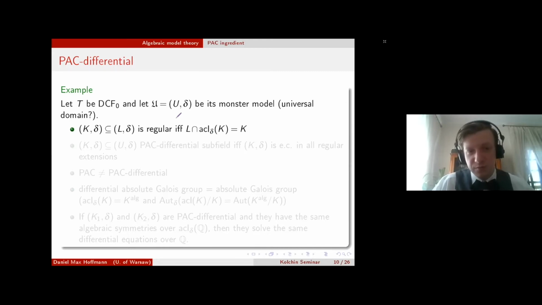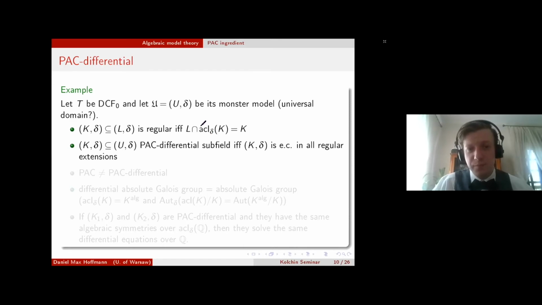And we see that K in L is regular if and only if L intersected with the differential algebraic closure of K is K. Because K is a differential subfield, you can actually write here just the usual standard algebraic closure of K. So in other words, being regular in DCF0, as a differential subfield of a model of DCF0, is just being relatively algebraically closed. And separability comes for free because you are in characteristic 0.